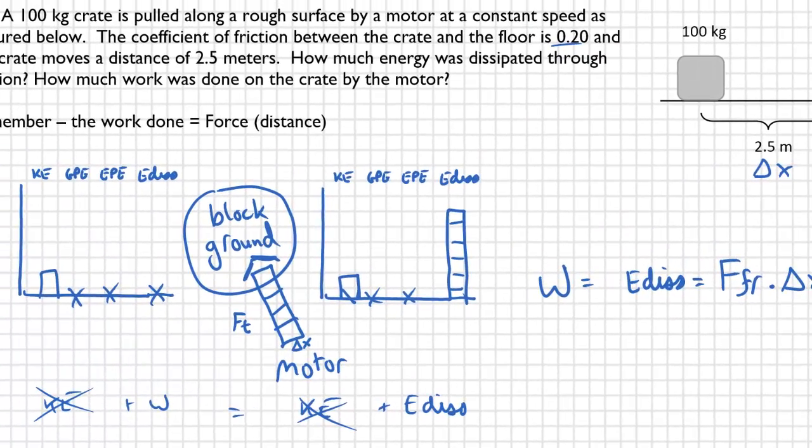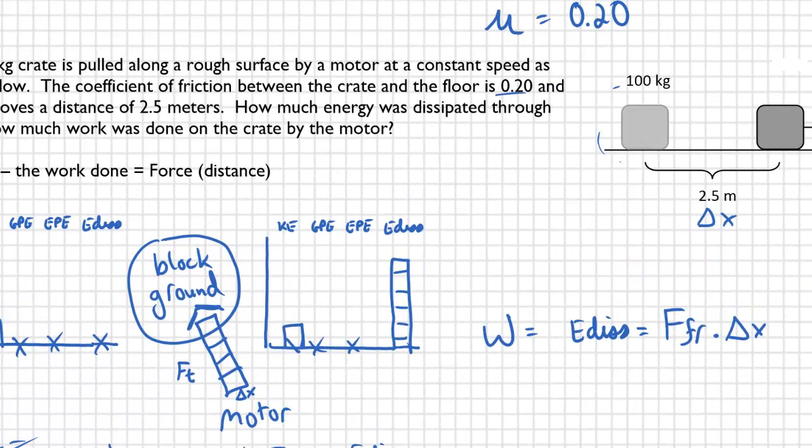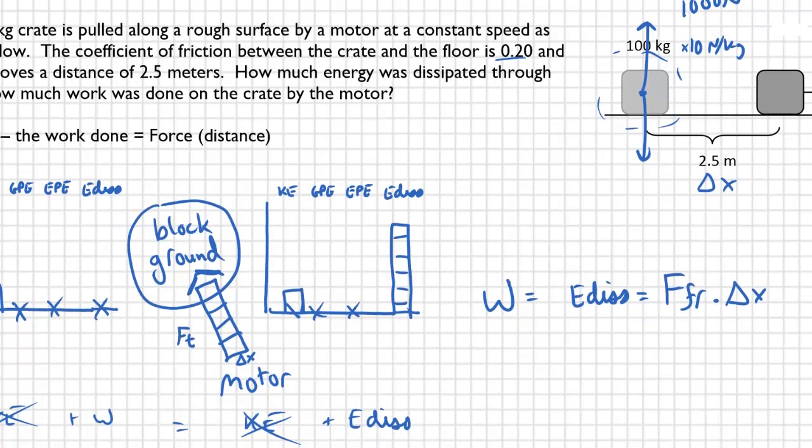So I look at my 100 kilogram crate, and if I wanted to figure out what the normal force on that is, take 100 kilograms times my 10 newtons per kilogram. We have a 1,000 newton crate. So normal force is 1,000 newtons.